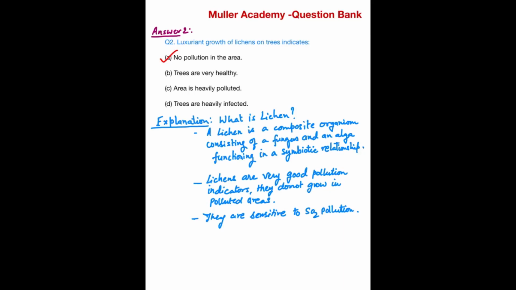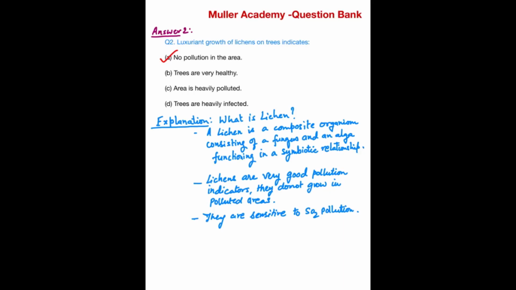Lichens are very sensitive to pollutants. They are influenced by SO2, nitrogen oxide, ozone, and heavy metals, which are very common components of air pollution. So if lichens are declining in any area, it means that area is highly polluted.